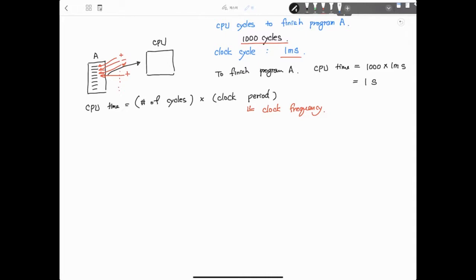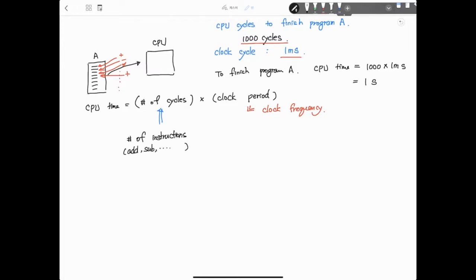Then let's look at the number of clocks. As I mentioned, to execute program A there are many instructions: plus, minus, multiplication, plus, and so on. So the number of cycles depends on the number of instructions, which include addition, subtraction, and many operations.